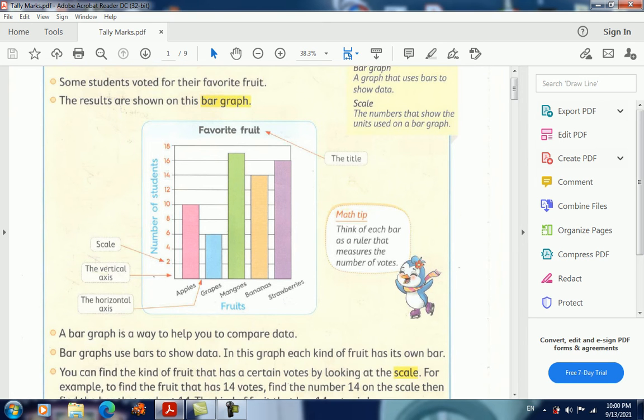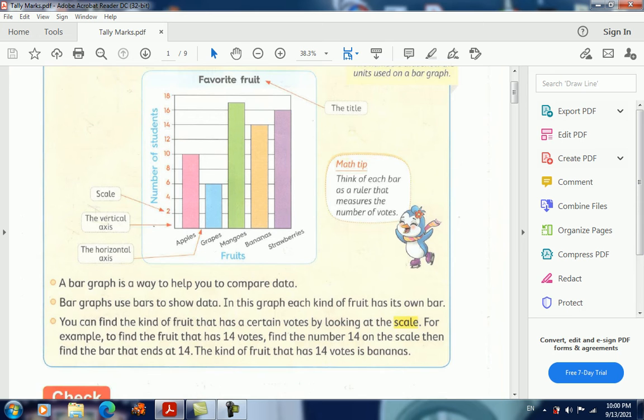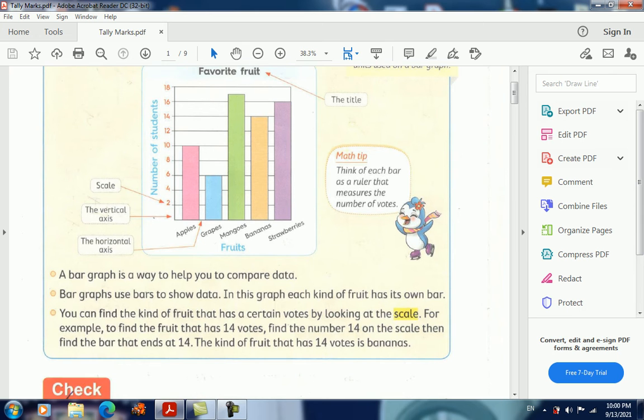Think of each bar as a ruler that measures that number of votes. We can consider it as a ruler, and the measure of it is the scale that corresponds to it. So a bar graph is a way to help you compare data. Bar graphs use bars to show data, and in this graph each kind of fruit has its own bar.